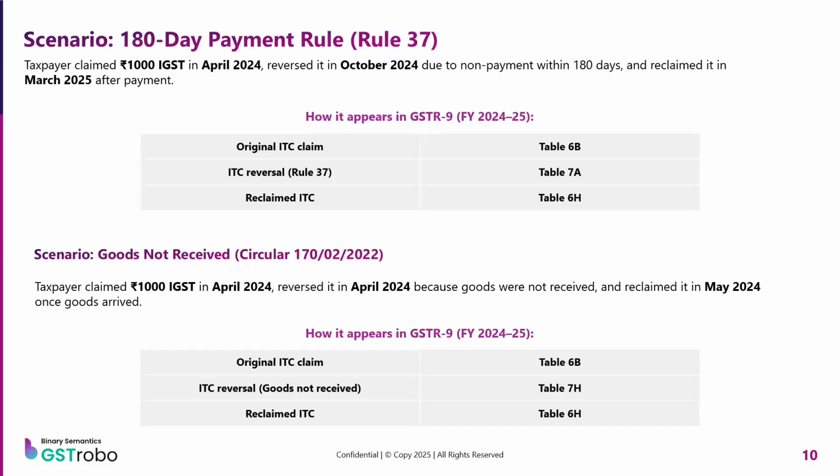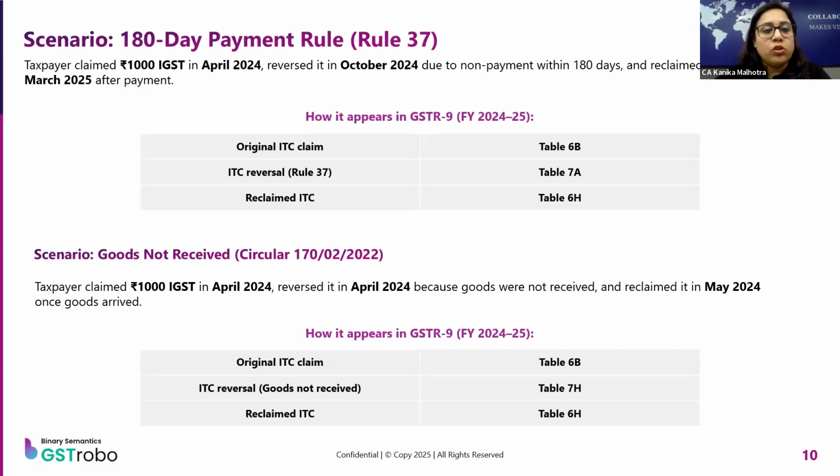There is a question, Kanaka, from Sindhura. She's asking what to report in table 6H. Sindhura, basically table 6H contains all those values where any ITC belongs to this financial year but you have reclaimed it, and you had reversed it in the previous years, like in the cases of 37 and 37A, where payment has not been made to the suppliers within 180 days, and in 37A where tax has not been deposited by the supplier through their returns.